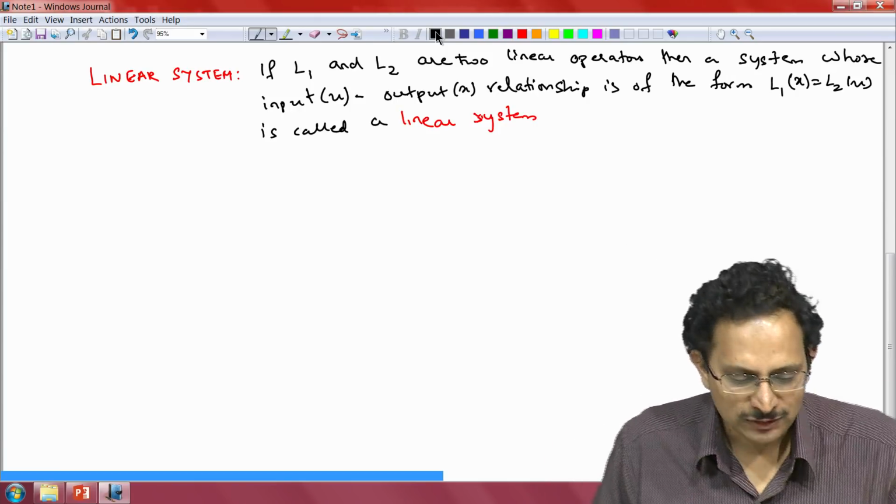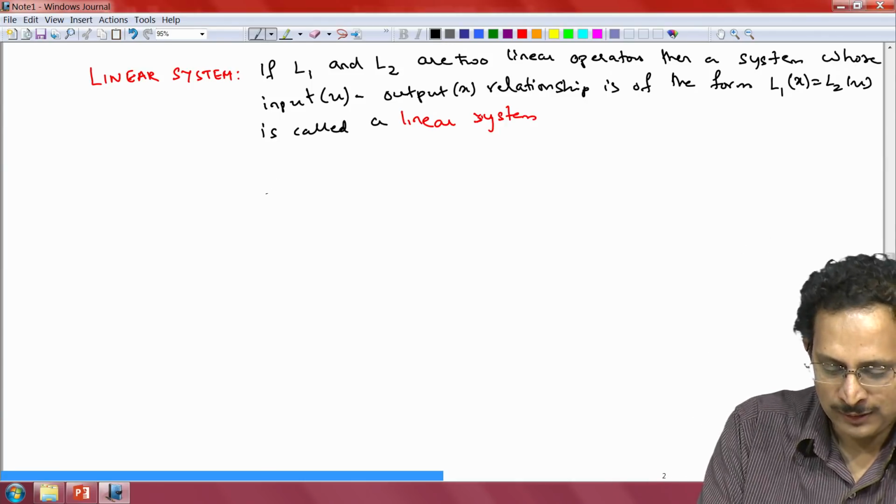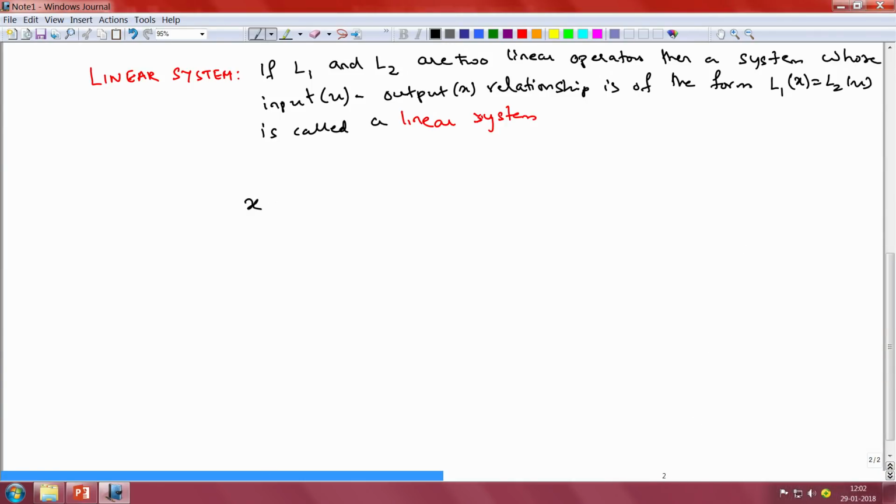So, in the first example, let us say the input output relationship is given by the equation x is equal to u plus 2, where u is the input and x is the output. The input output relationship can be graphed, and you can quickly see that it would be a straight line with a y intercept of 2 units.